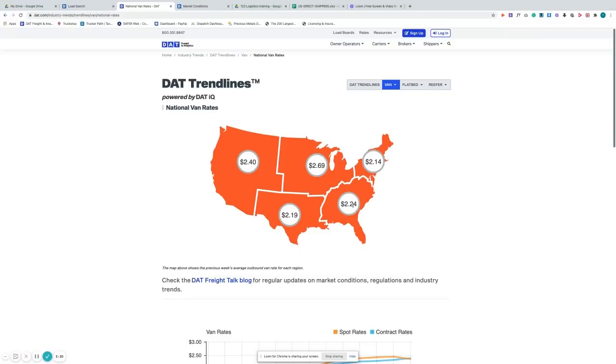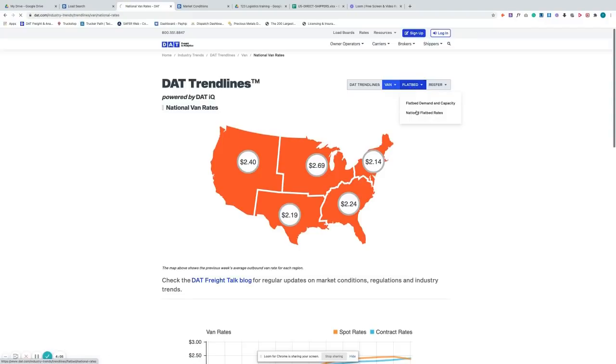I'm in the Atlanta area, so I know I need to at least be getting my driver $2.24 a mile. I'm gonna try to get him higher than that, but you can see over in this area is 240, 269, up north 214. Coming out of Atlanta, we're gonna be trying to get at least a minimum of $2.24.